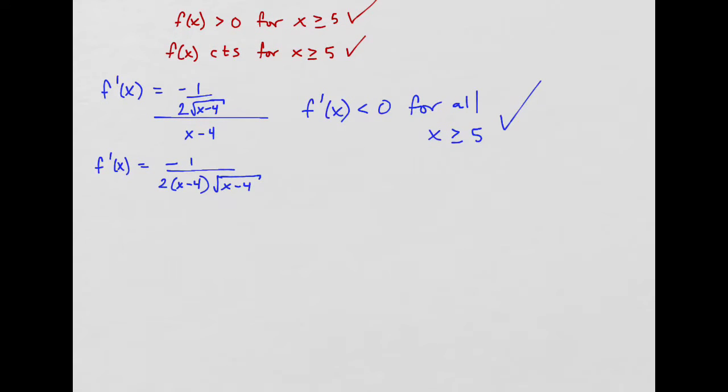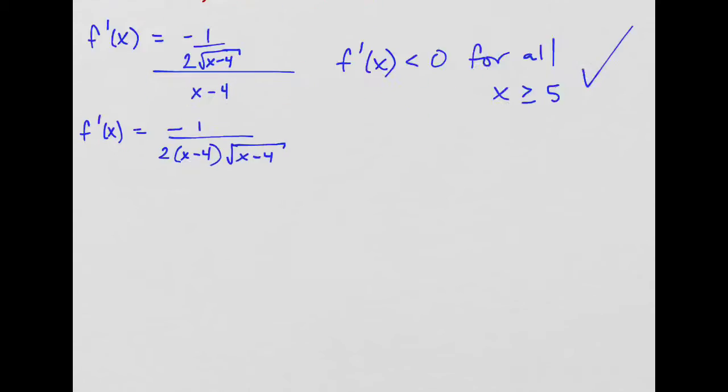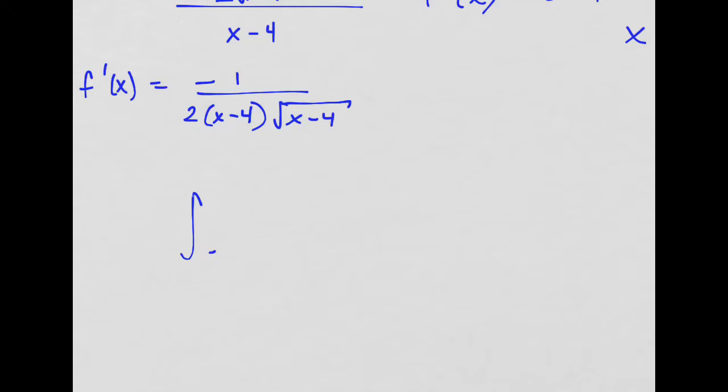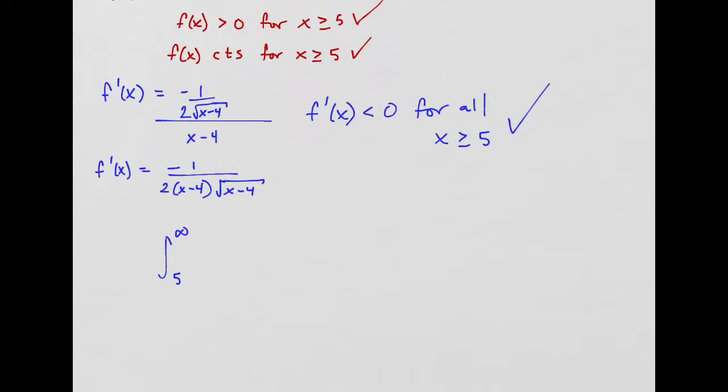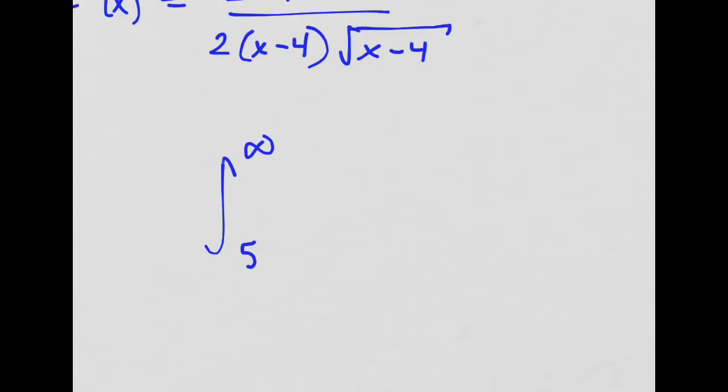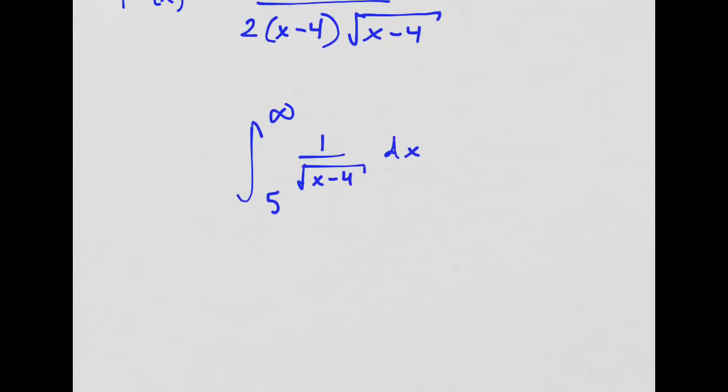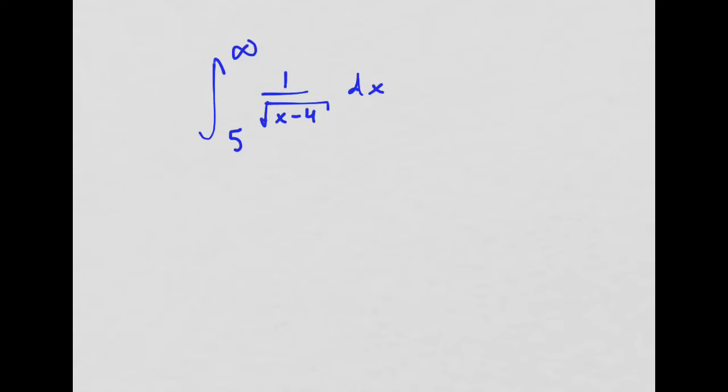It says if the integral from, it said 1 to infinity, but we're dealing with 5 here, so we're going to take the integral from 5 to infinity of f of x, which is just 1 over the square root of x minus 4, dx. So now we have to evaluate this. If this converges, so does the series. If this diverges, so does the series. And that's really all we're doing. So let's see if we can figure this out.